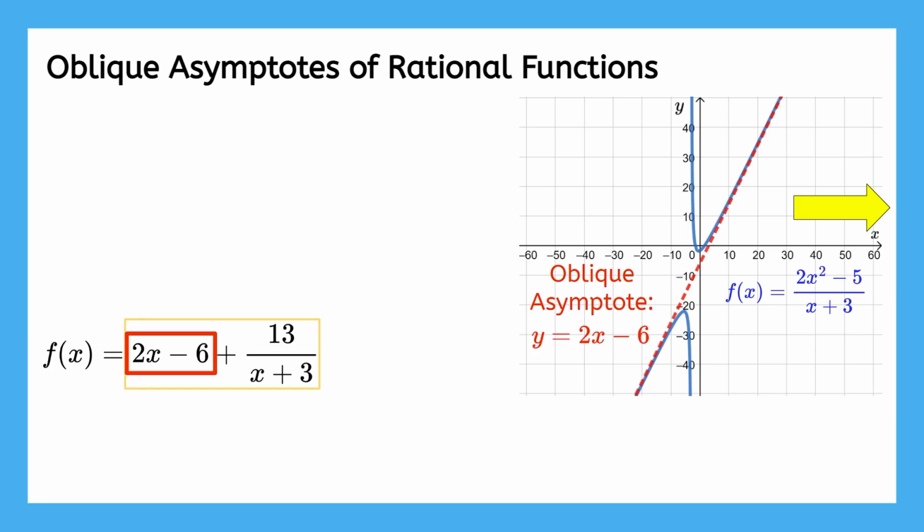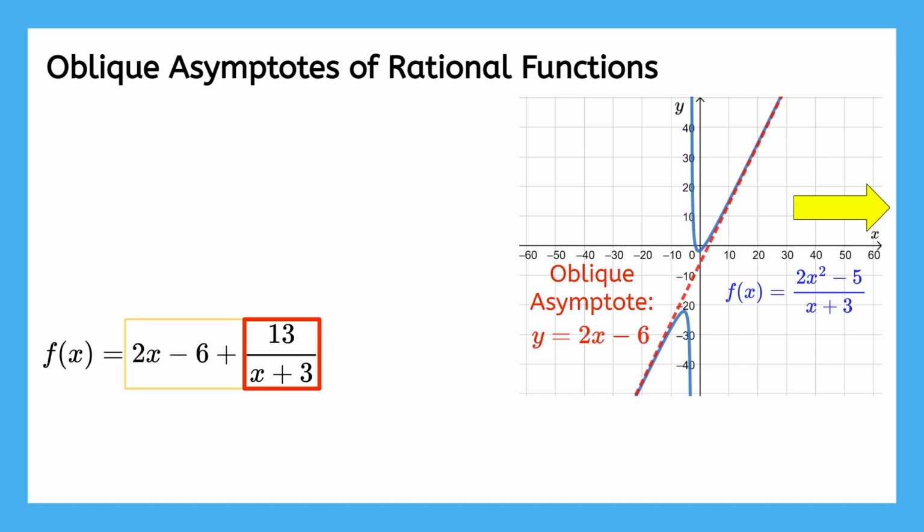And at this point, it's actually better to look at the other part of the function, the remainder over the original denominator, 13 over x plus 3. What happens to this part of the function when x is 100 or 1,000 or 1 million?